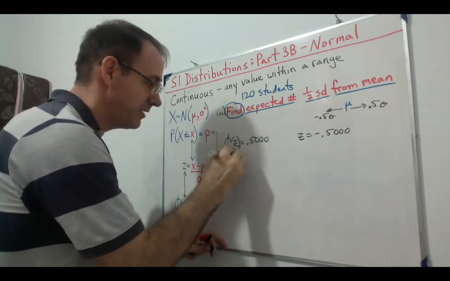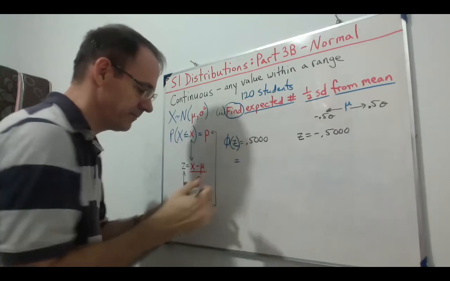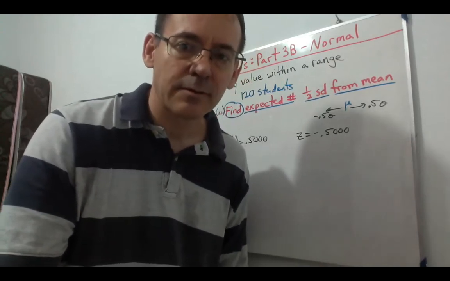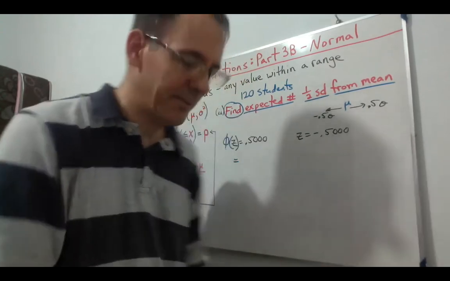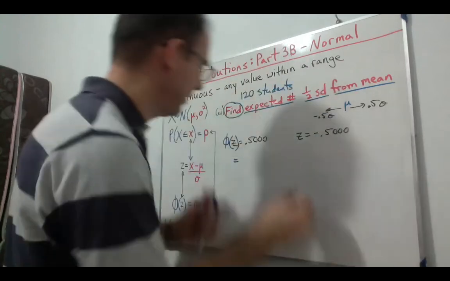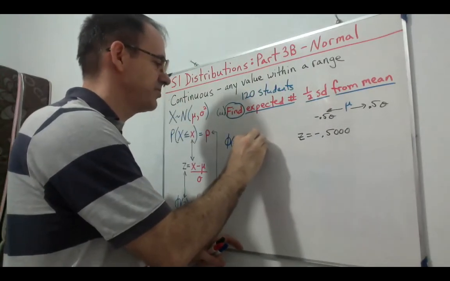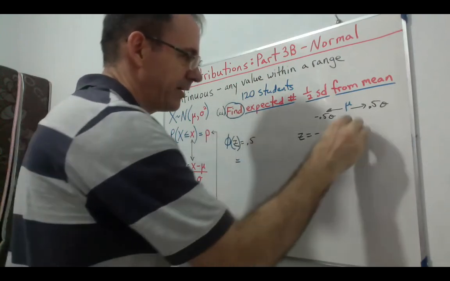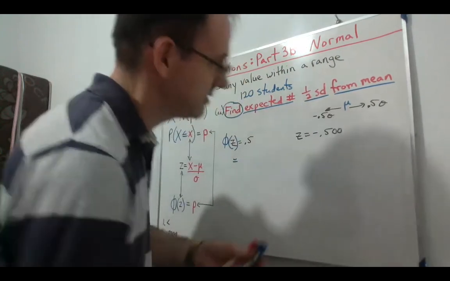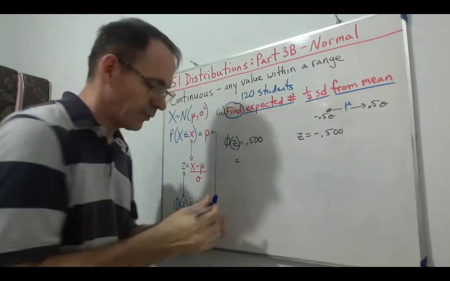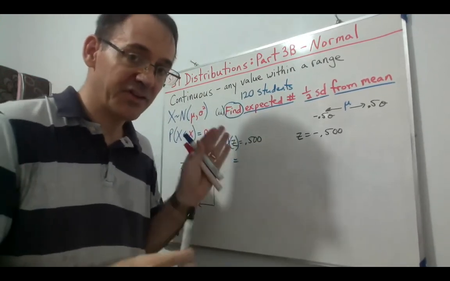And when we enter this into our phi z chart, if we look up 0.500, or sorry, not 0.500, just 0.5 on our chart. I guess it doesn't matter. It's usually 3 decimal places, so we can put 2 zeros. We're not looking at probability here.